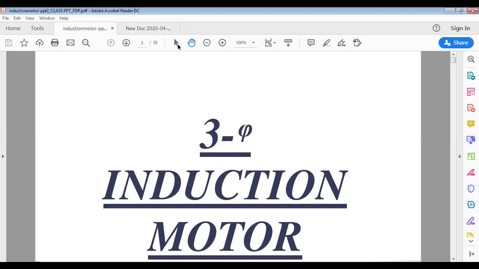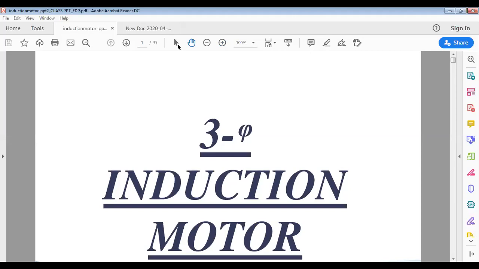Whatever the two types of three-phase induction motor, we are going to see their applications. Next is the single-phase induction motor. It's not self-starting, so how to make it self-starting, then its construction, its three types, circuit diagram, and explanation, construction and working in short, and then advantages and disadvantages.